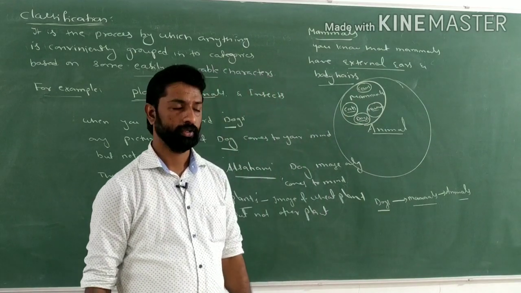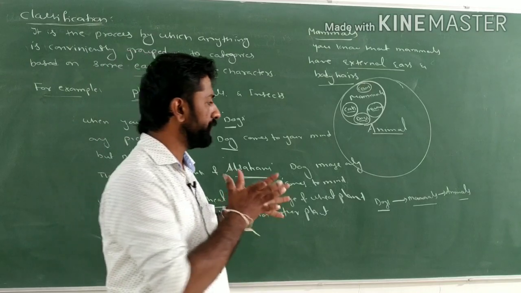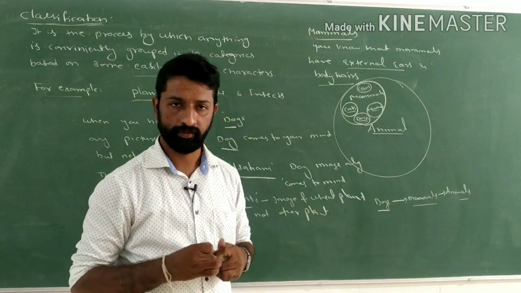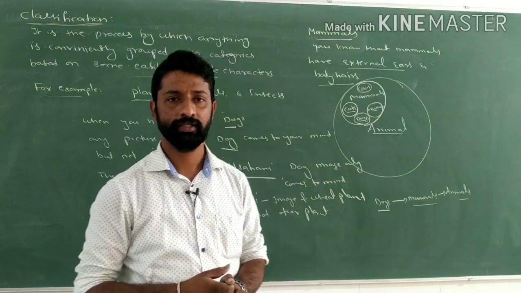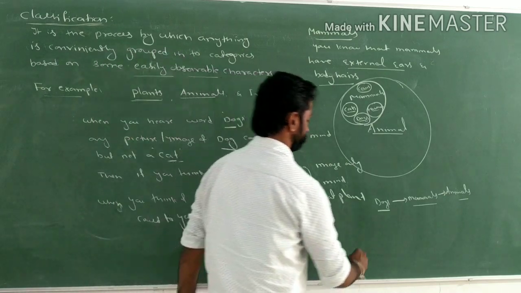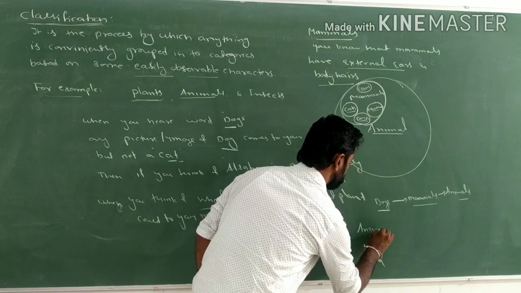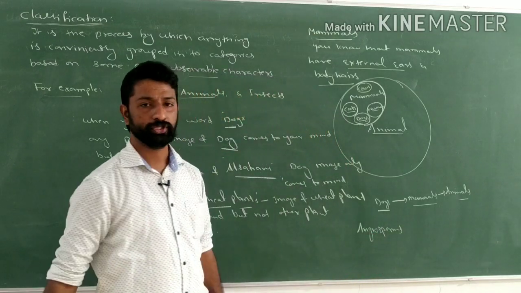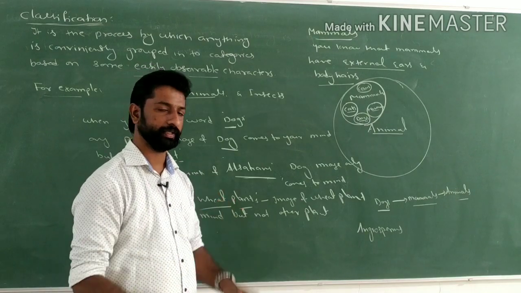Right? So like that, according to our convenience, we divide or categorize the organisms into convenient groups. So that is what is called classification. If you take the example of plants, say for example, flowering plants called angiosperms, which produce seeds with a seed cover or seed coat.